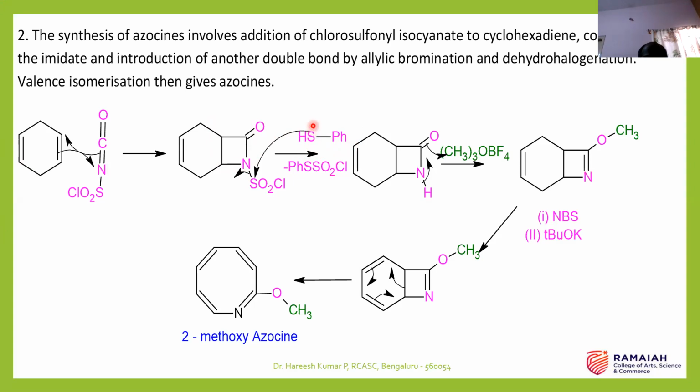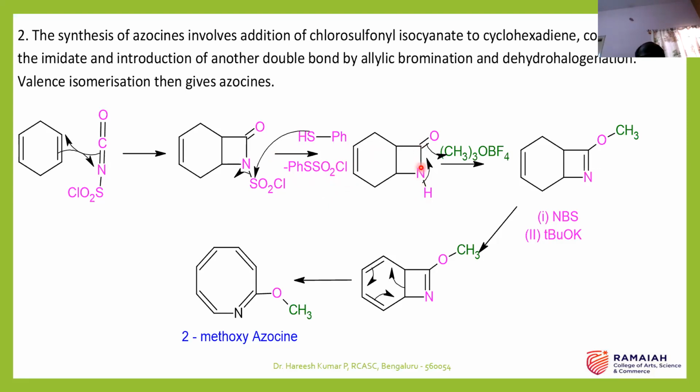This anion, the lone pair, attacks this sulfur group, and this bond pair picks up this proton. Here the leaving group is thiophenyl sulfuryl chloride, and the formed one is a lactam.